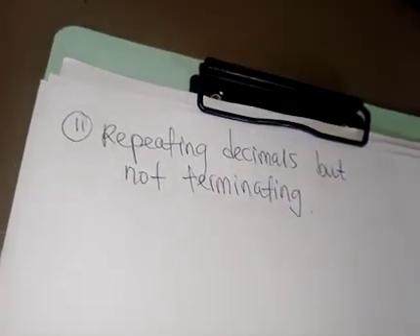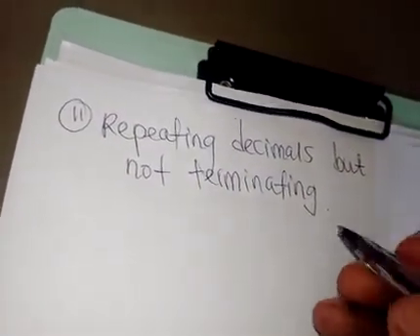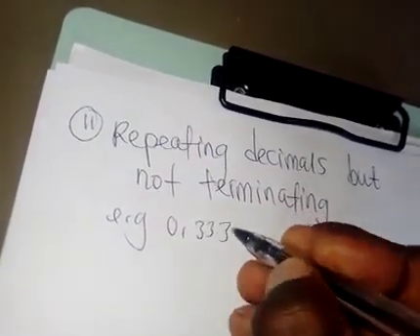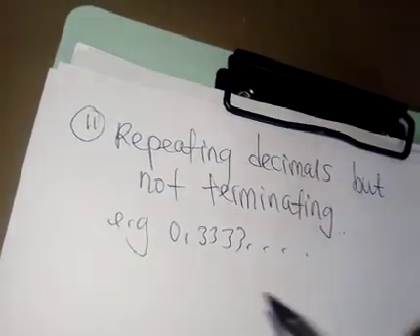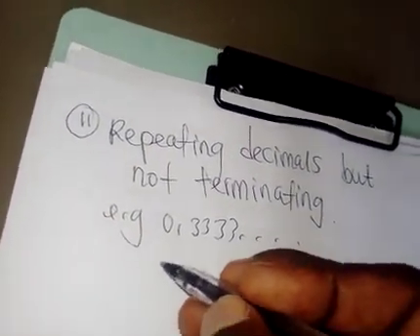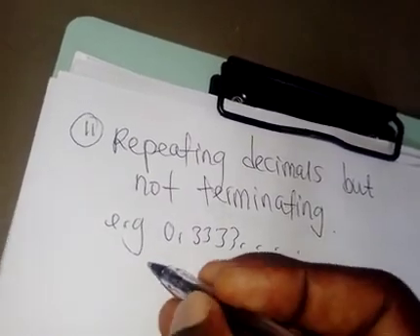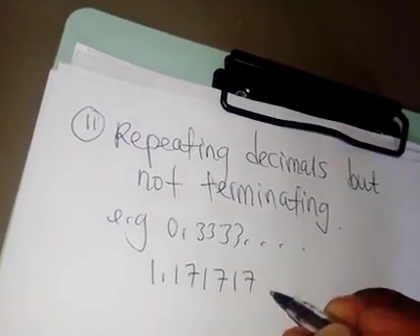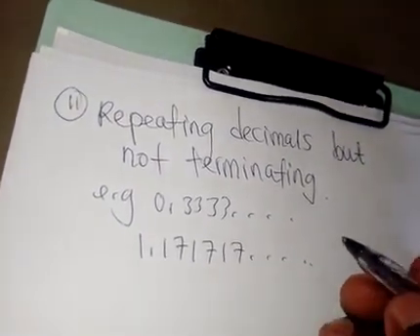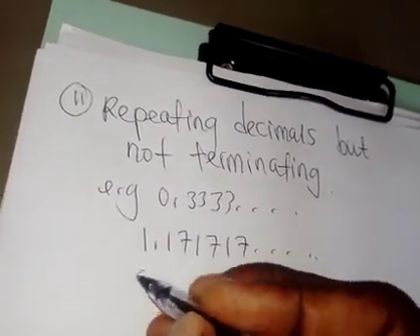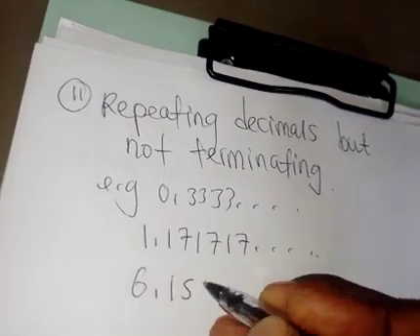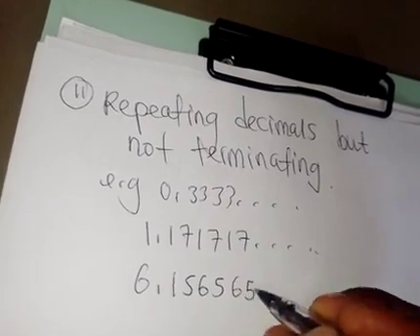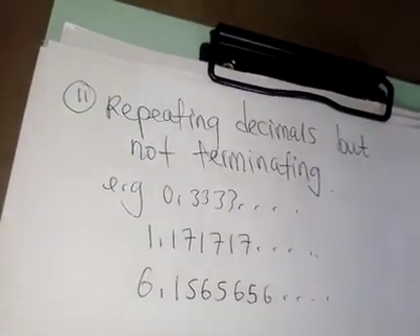So we can have repeating decimals which are not terminating. For example, if you have 0.3333 and so on. Another example, let's say we have 1.171717 and so on. Then another example, 6.1565656 and so on.